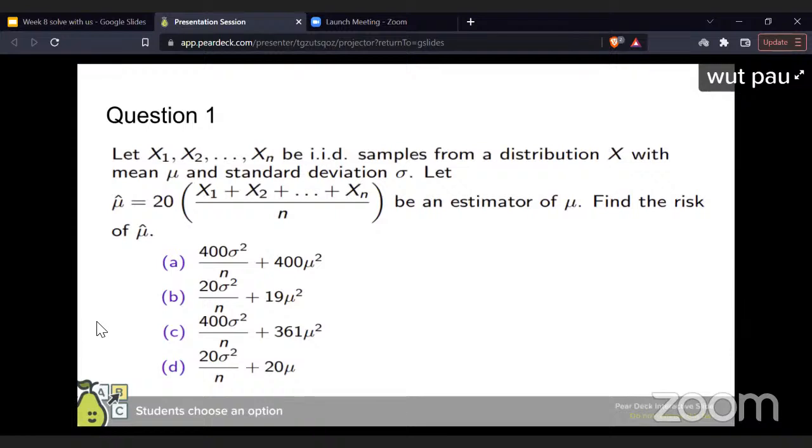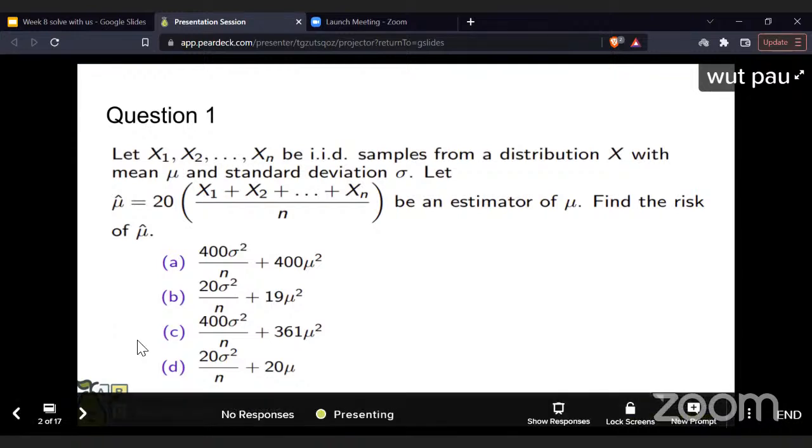Since all the samples x1, x2, ..., xn are IID and come from X, their mean and standard deviation will also be mu and sigma respectively. Now you have defined an estimator of mu, that is mu hat, given by 20 times the sample mean. Given this estimator, you have to check what is the risk of this estimator mu hat. So you have to select one option from there.